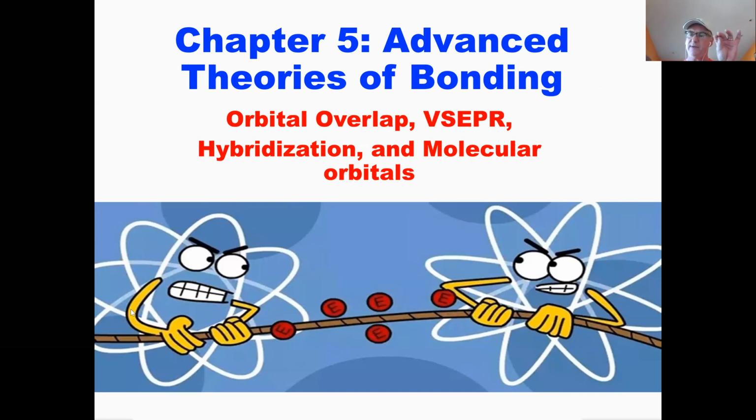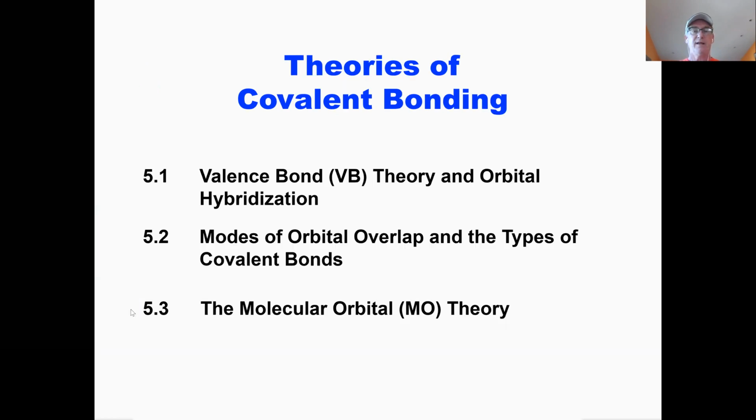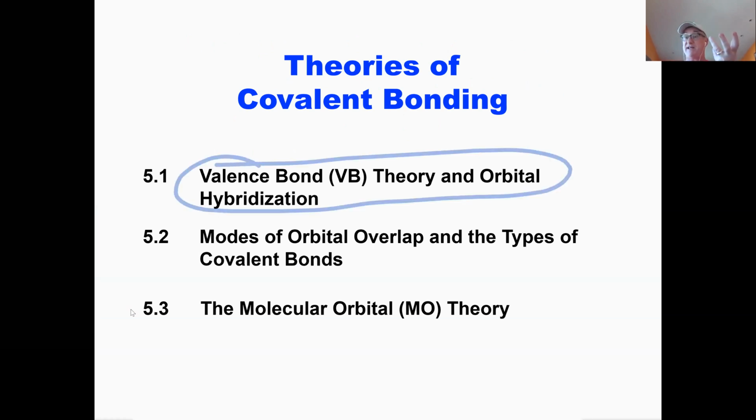Because basically we've been taught two different things that don't equal each other, and I'll show you what I mean. So we'll learn first about valence bond theory. This is the basic understanding of how we use those atomic orbitals we learned about, the s, p, d, and f orbitals, and hybridize them together.